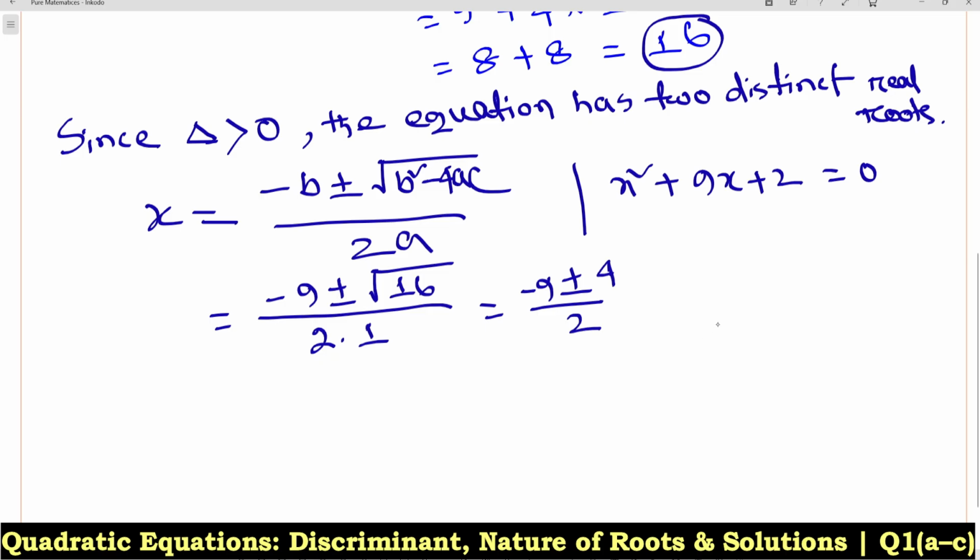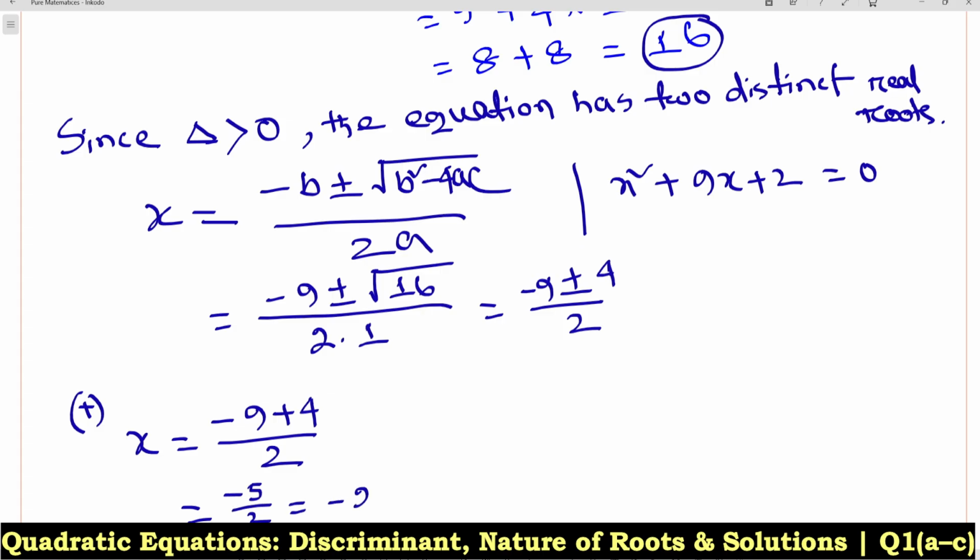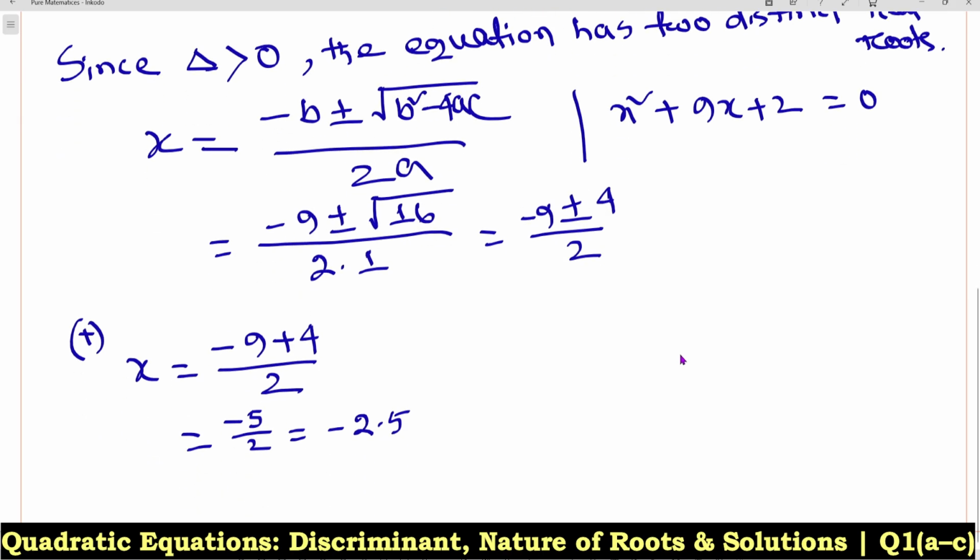So if positive, x equals minus 9 plus 4 divided by 2. So finally minus 9 plus 4 is minus 5 divided by 2. The result is minus 2.5. If anybody wants to make this a decimal, otherwise minus 5 by 2 is okay.